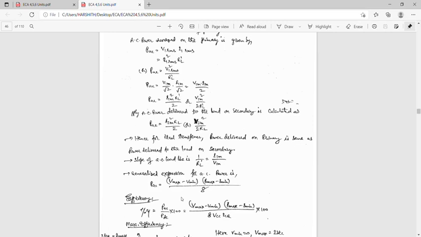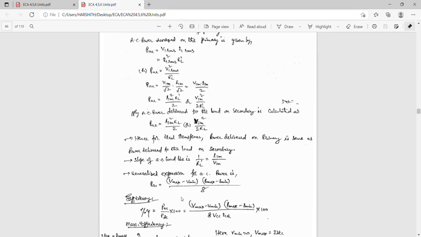V2 RMS, 2 means secondary. So V2 RMS means RMS value of the secondary or load voltage, and I2m is the magnitude or peak value of the secondary or load current, and I2 RMS means root mean square value of the secondary or load current.